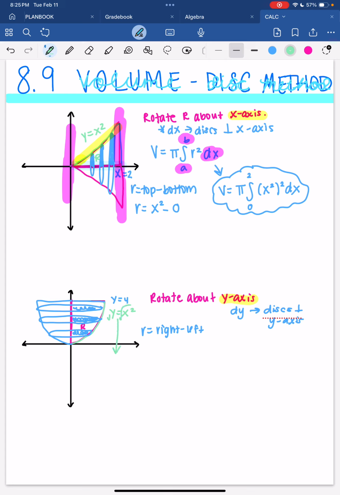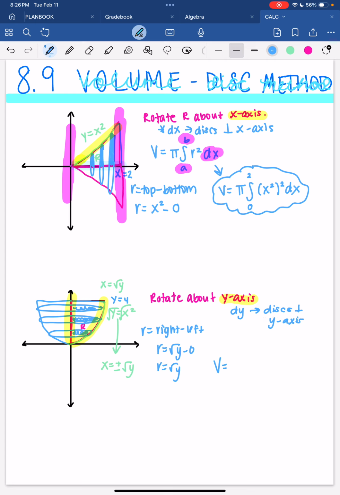So let's square root both sides, and then you would get x equals plus or minus root y. But guys, if we're in the first quadrant, this is root y, positive root y, not negative. Okay, so now the radius is going to be the right function, root y, minus the left function, which is just going to be 0. So the radius is root y minus 0, or we can just say root y.